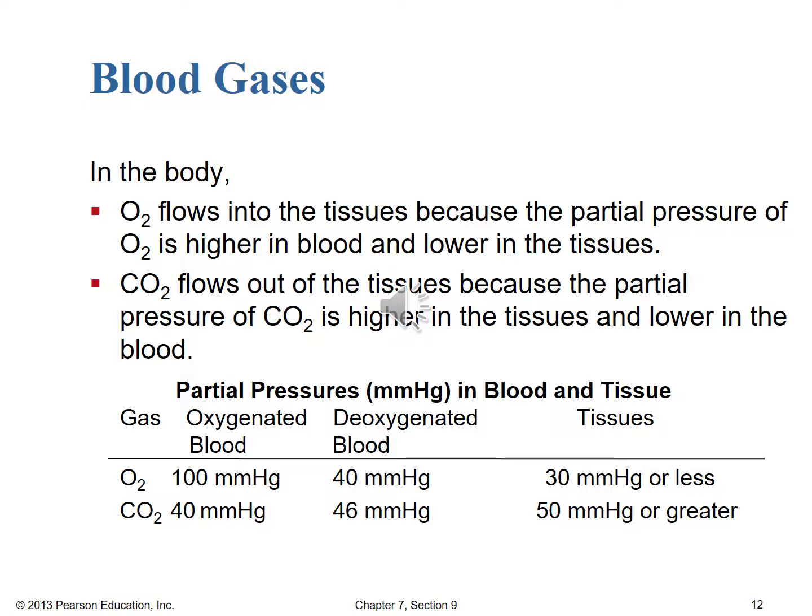And so we see here it's not huge pressure differences, but noticeable differences, more so with the oxygen than with the CO2, but again, just enough for the whole system to work well. If you're not able to get oxygenated blood to the tissues, or the carbon dioxide waste products away from the tissues, then things get very dangerous very quickly.